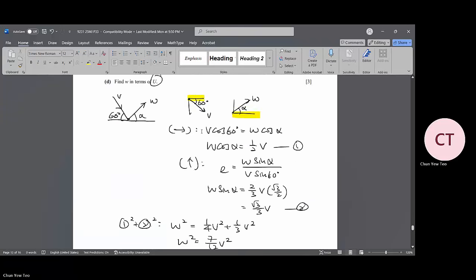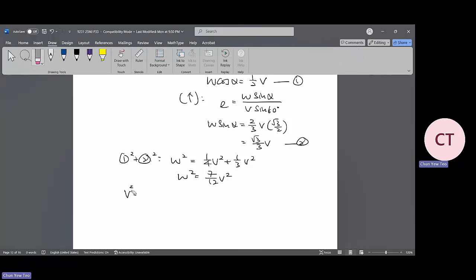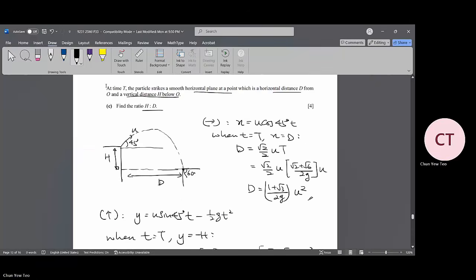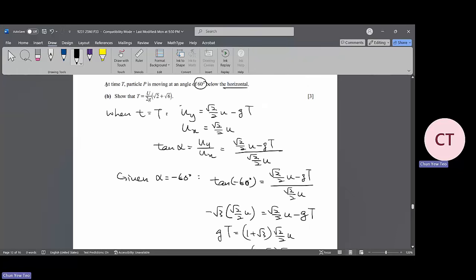Okay. V squared is actually equal to ux squared plus uy squared. That means we will need to take this result and square it.